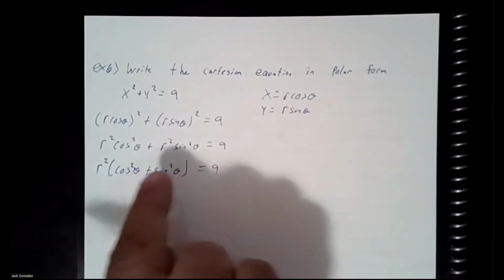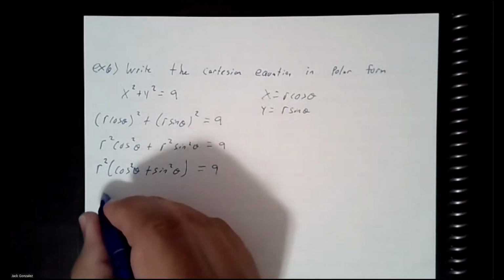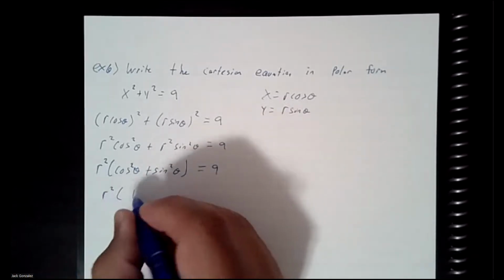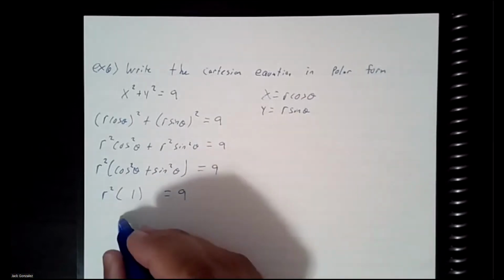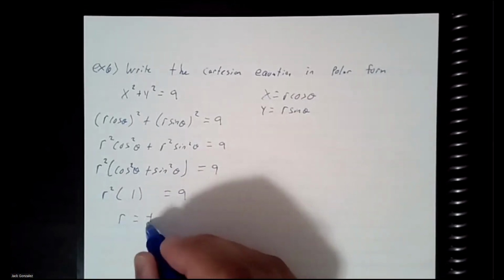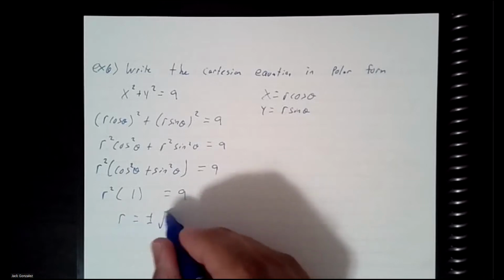So cosine squared plus sine squared is going to be 1. So r is equal to plus or minus square root of 9, which is 3.